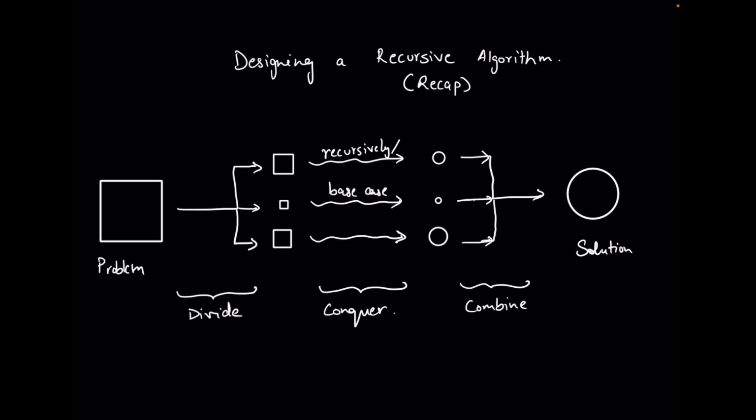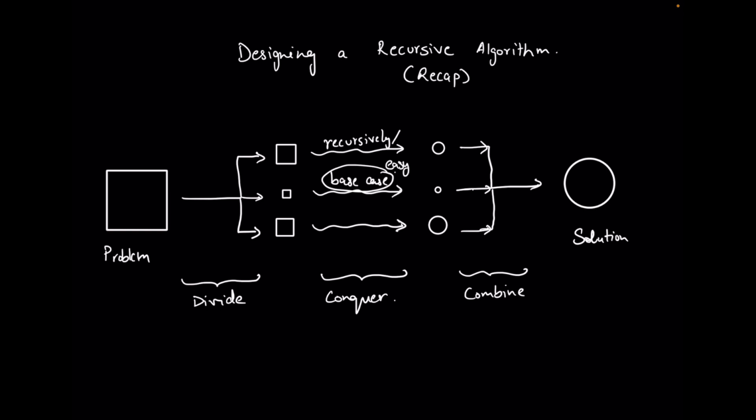So let's try to talk about each of these phases: the divide, the conquer, and the combine. Now, let's start off with the easiest one, which is the conquer phase. In the conquer phase, we have the problem of the base case first. So we need to identify what our base cases are, and we need to find the solution to these base cases.